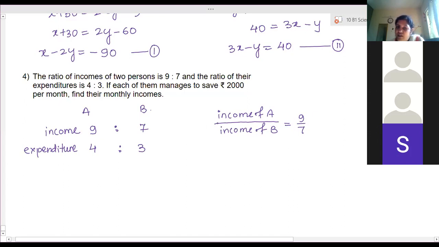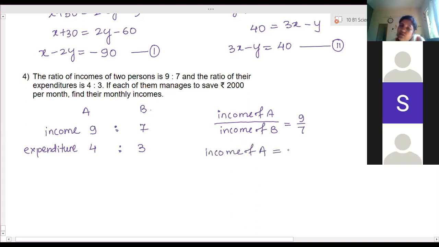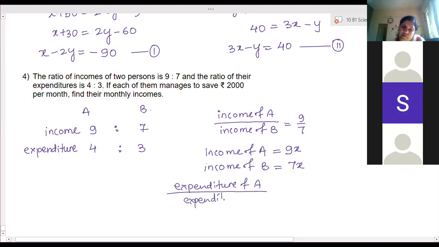So what could be the actual income? 9x and 7x. Income of A is 9x and income of B is equal to 7x. Now expenditure of A by expenditure of B is equal to 4/3.